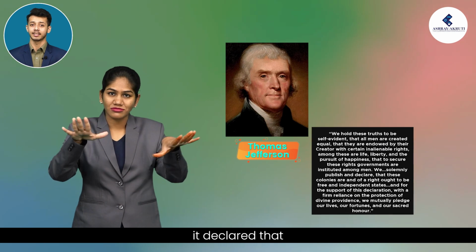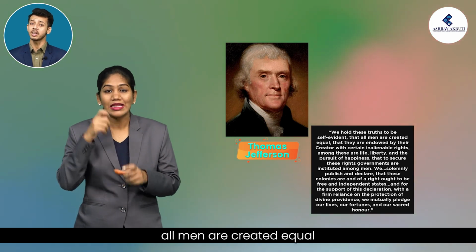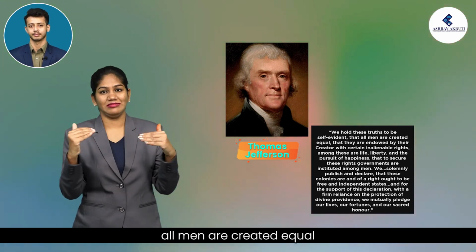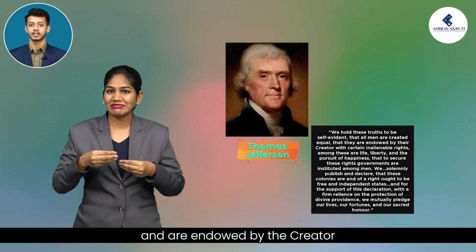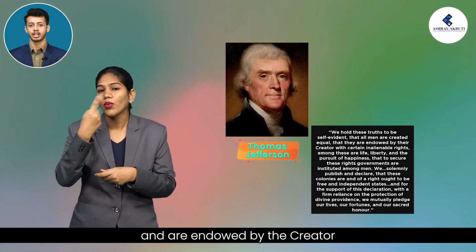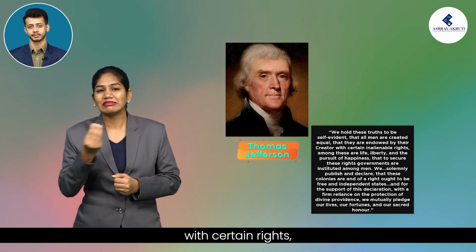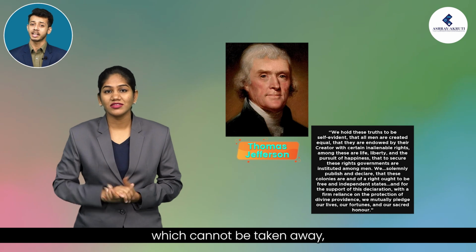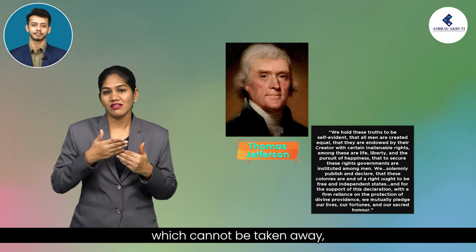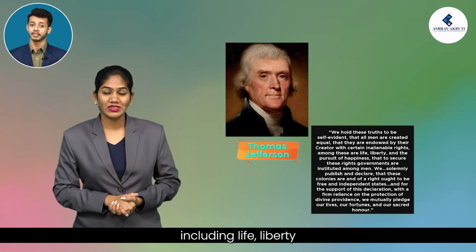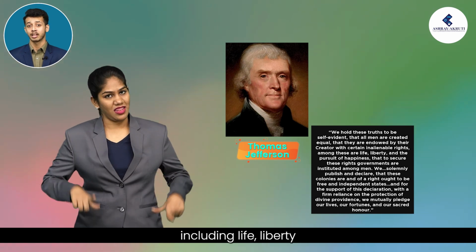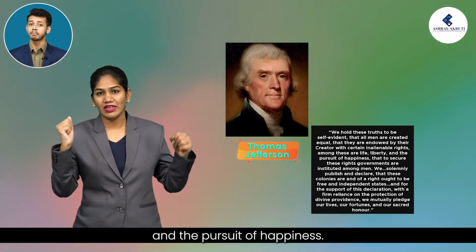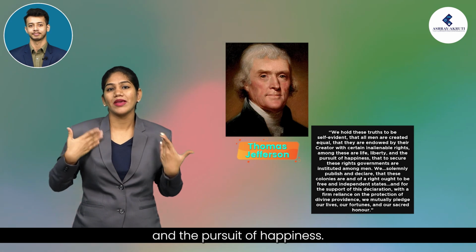It declared that all men are created equal and are endowed by the Creator with certain rights which cannot be taken away, including life, liberty, and the pursuit of happiness.